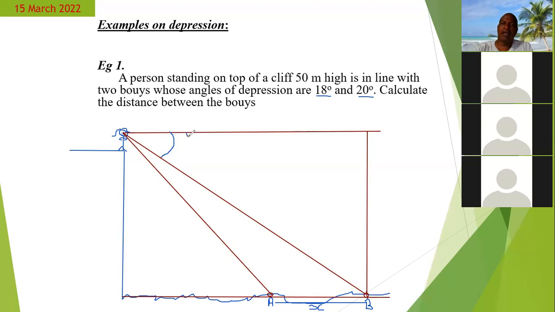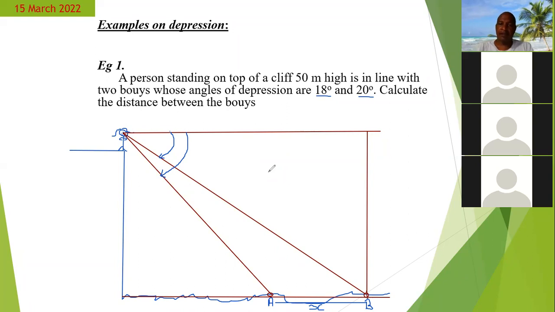And from the horizontal line as well, we have another angle here. So which is which? Sir, the top one is 20 degrees. Remember that from the horizontal line, it is the angle of elevation. Okay, sir.